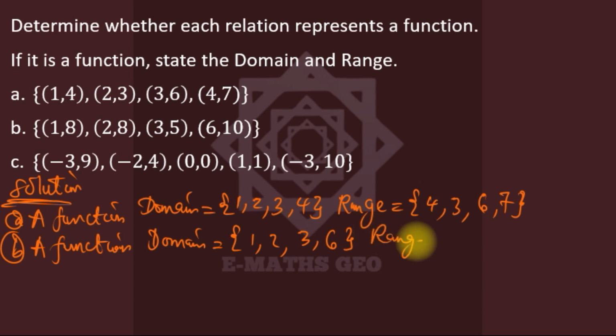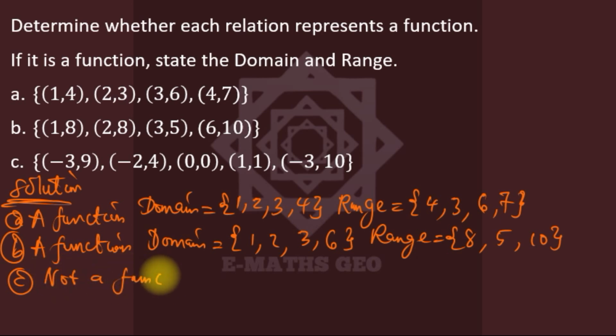The range is the set 8, 5, and 10, but we don't repeat 8. You know that we can't repeat the elements inside a set. So let's look at C. It is not a function. Look, -3 has the image 9, and that same -3 has the image 10. So C is not a function, while A and B are functions.